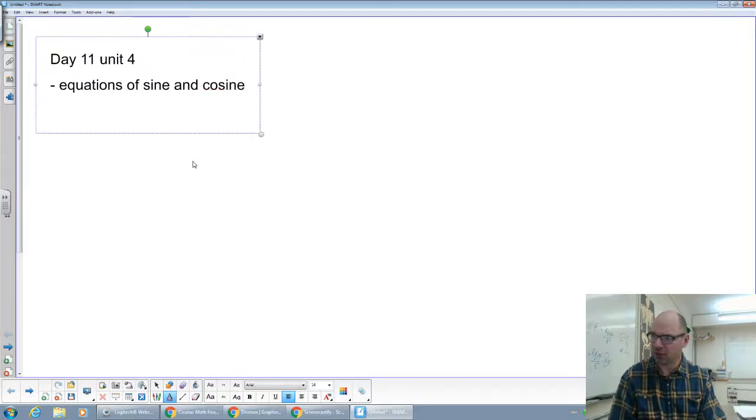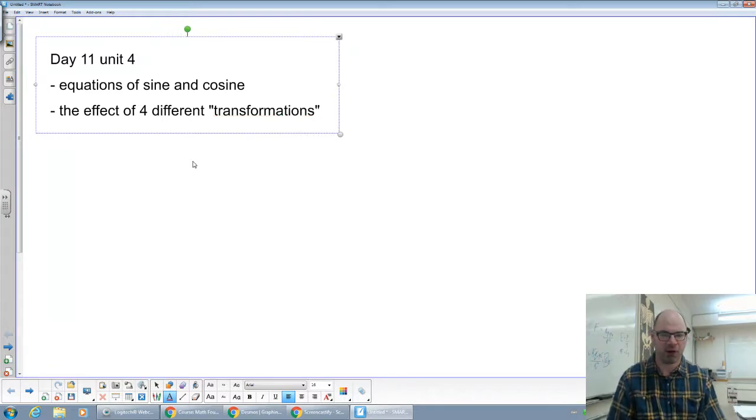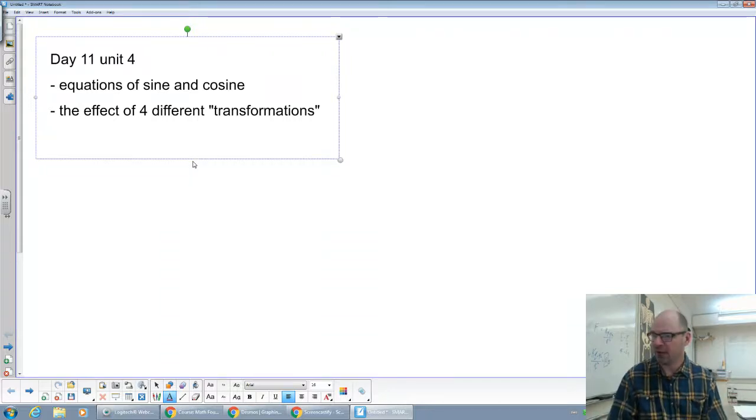In that, we're going to be looking at the effects of 4 different transformations. That's what they are. We'll see those 4 different ones, and I probably won't get to all 4 today. Well, we might, we'll see. And then we're going to summarize, and then we'll look at some examples.